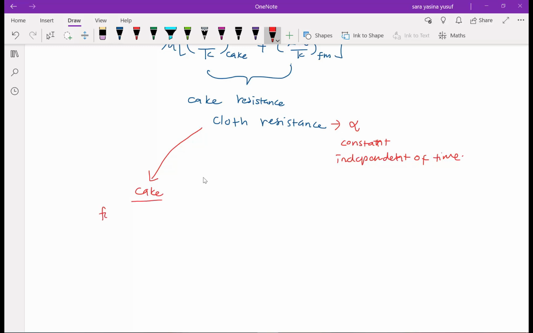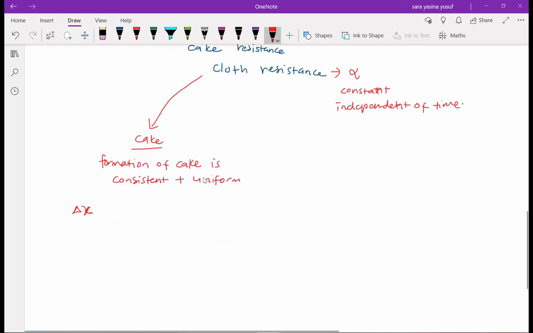If the cake formation is consistent and uniform, the cake thickness delta x can be expressed as m over a times 1 over rho of cake.